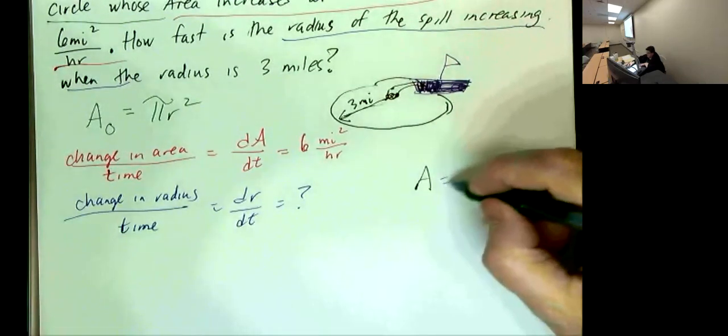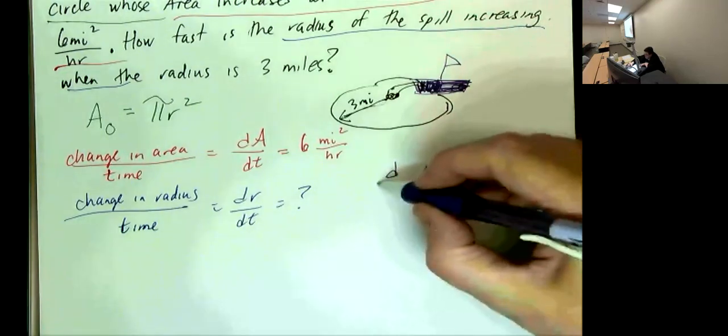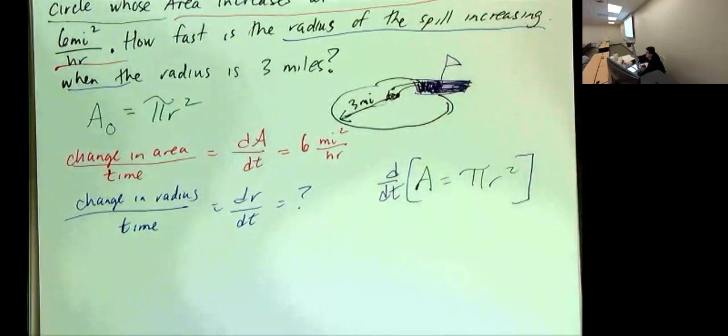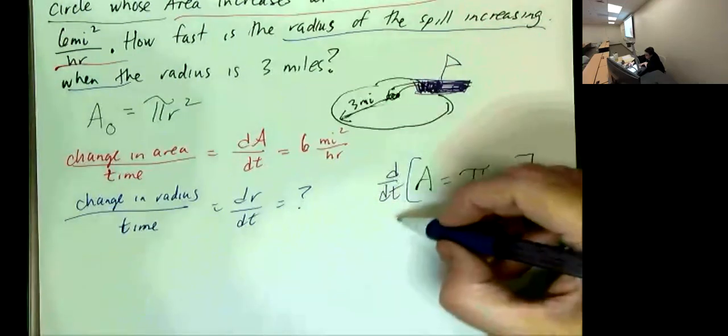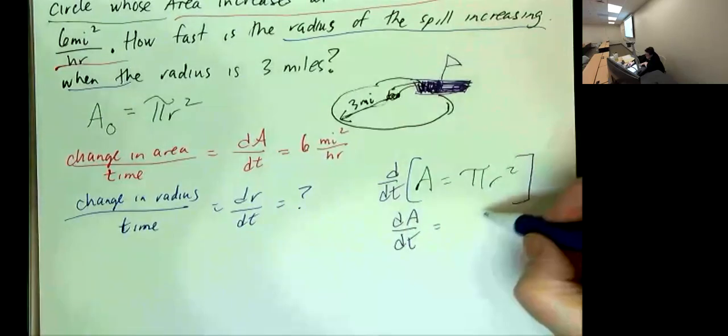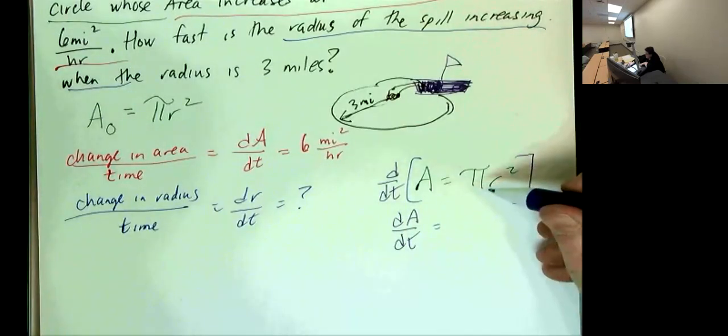So we have A equals pi r squared. We don't have time derivatives on either of these yet, so let's take the time derivative of this equation. dA dt equals pi is a constant, so it doesn't need a derivative. Don't do d pi dt and then say it's a product rule.